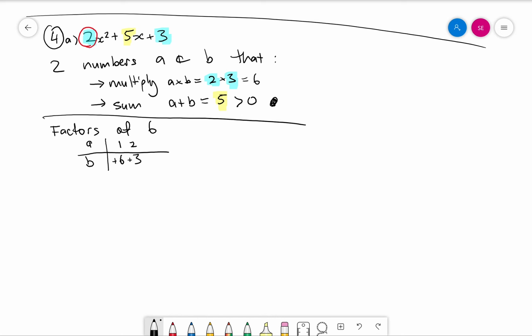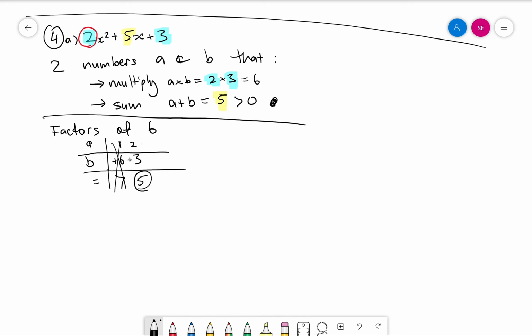Because if it was negative, then A plus B would be negative, so it can't be 5. Alright, 1 plus 6 is equal to 7, so this is clearly not correct, but 2 plus 3 is equal to 5. So these are our two numbers, A and B.